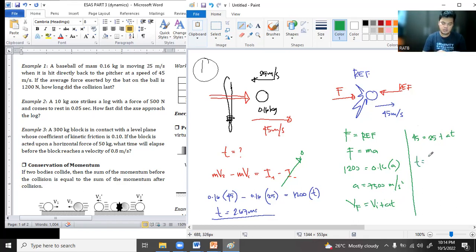Time would be the same as 2.67 milliseconds. So we can make use of the concept presented by D'Alembert's principle, that is the application of REF, or reverse effective force.